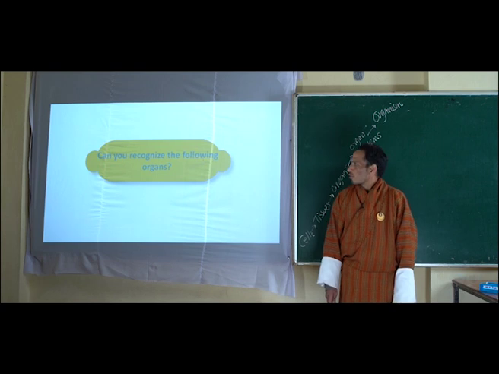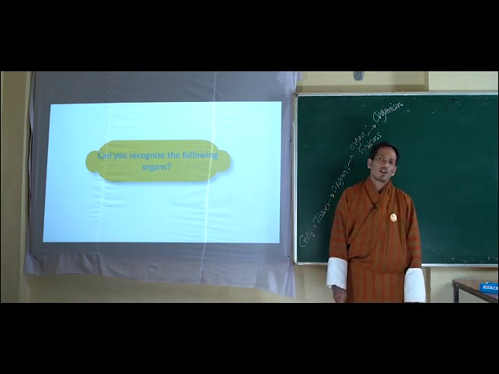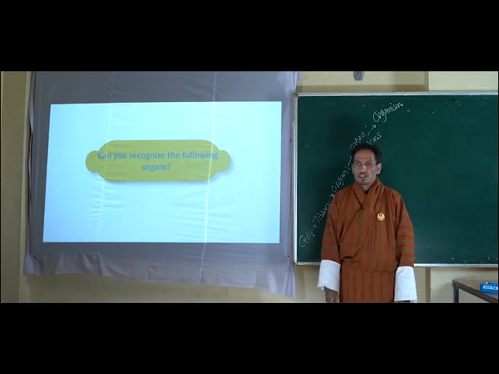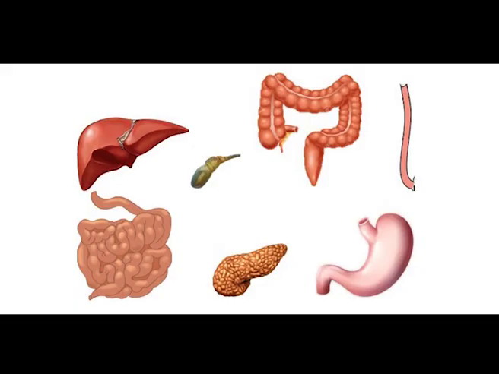So now I'm going to show you the pictures of different parts of digestive system, and I want you to recognize. You can even note down in your book. Okay, the first one is called, okay, I'm sure you have written liver.